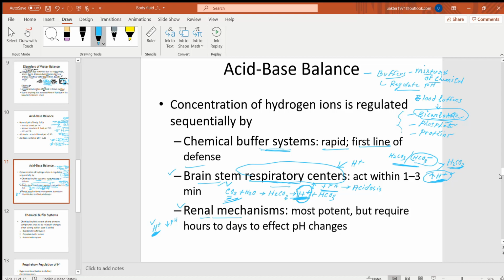Now let me think opposite. If hydrogen ion concentration decreases, that means alkalosis, less hydrogen ion is in the blood, less than normal, right, which is not good. So in this case, you don't have to remove, you have to add more hydrogen ion, right, because the amount is less. So in this case, this component or part of the bicarbonate buffer will come forward, and it will quickly split into hydrogen ion and bicarbonate.